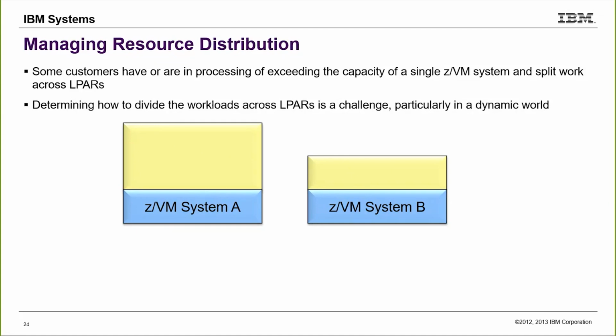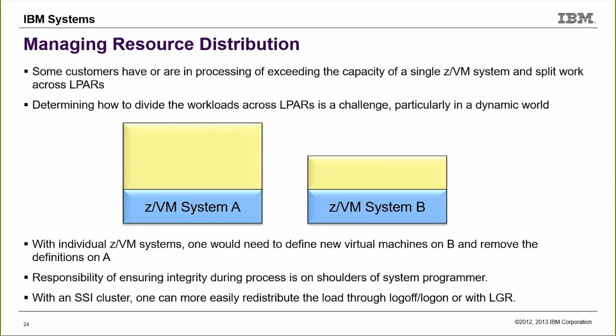Whereas if this was an SSI cluster, I could just log off and log on the virtual machine and move it that way. I don't have to go making changes to my directory. I can far more easily move the workloads around. And more importantly, if I make a mistake and don't get the perfect balance, I can move things around again, a lot easier than in the past, where I'm managing individual z/VM systems. So that's a key advantage over running in a non-SSI environment.